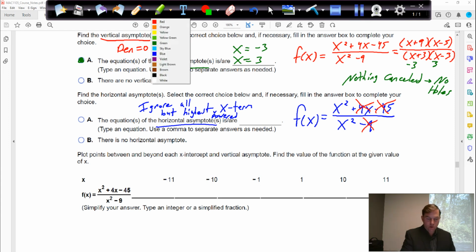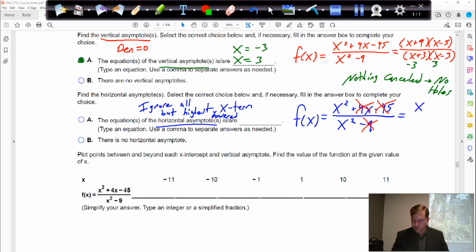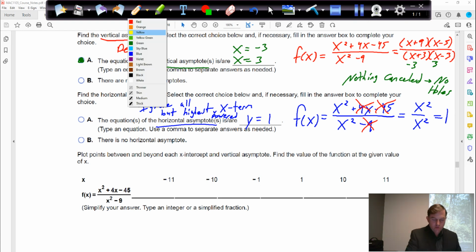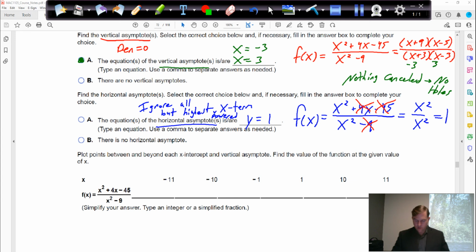So we throw all of that away, the function becomes just x squared over x squared. And anything divided by itself is 1. So for very large values of x, this function will approach 1. So we have a horizontal asymptote at y equals 1. And right away we can start to fill in this graph. We had -9, we had -3, now there's something.